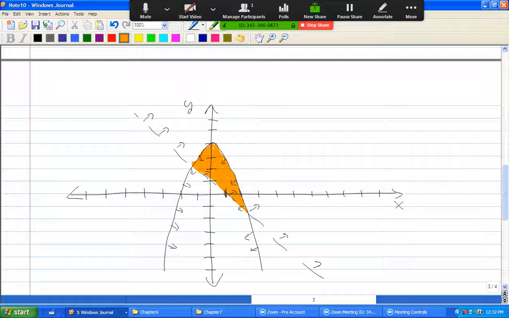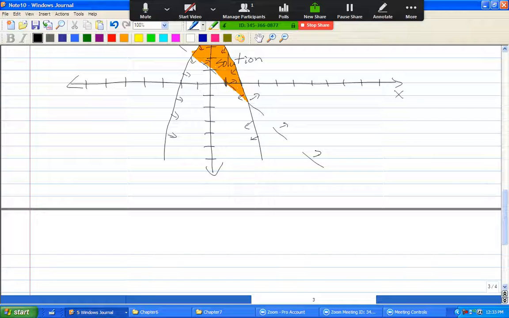So this is my solution. Okay. So doing the nonlinear ones is very similar to doing the linear ones.